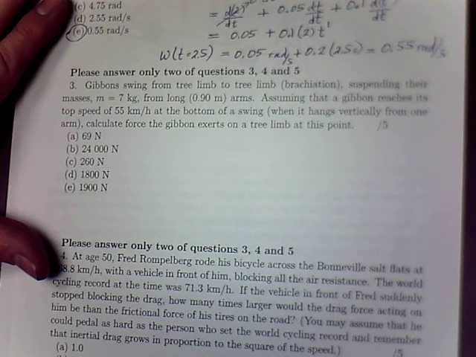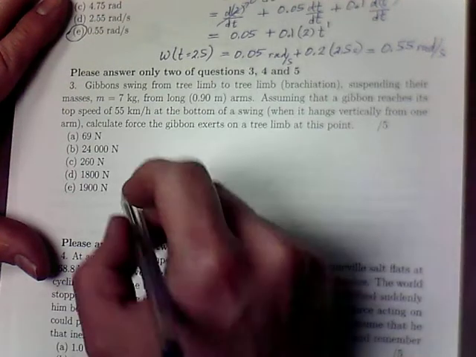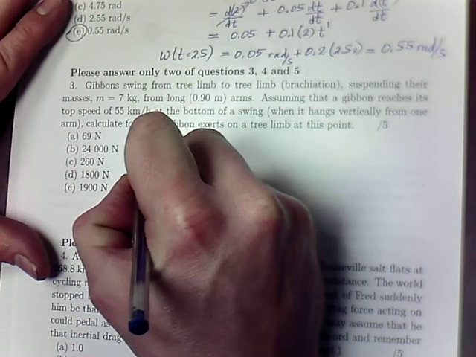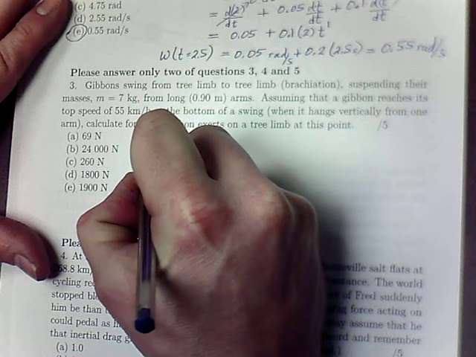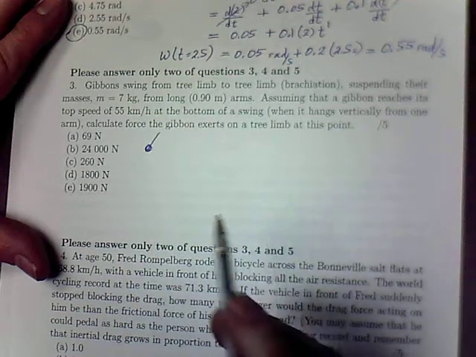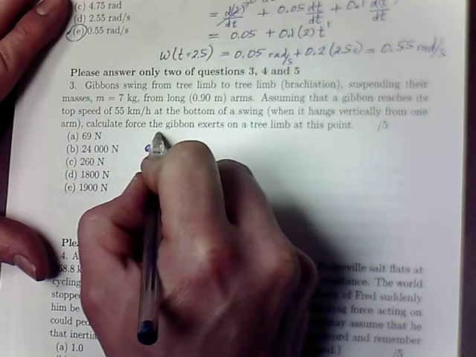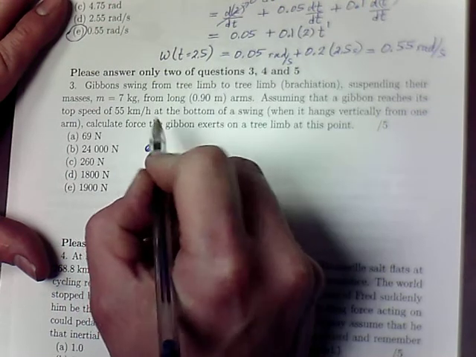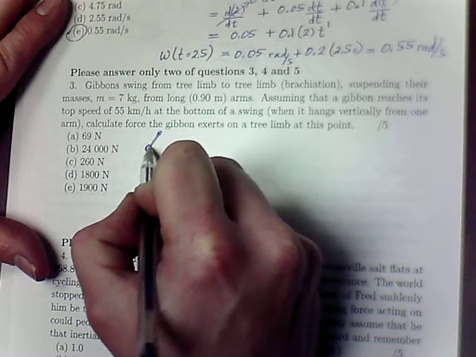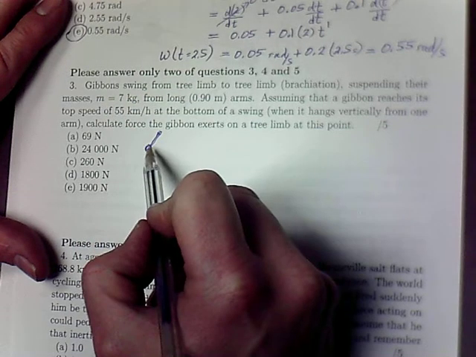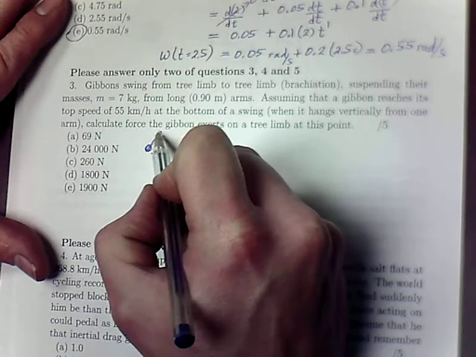And so if we think about an object that's swinging from an arm, it would start out with perhaps its arm reaching the tree in one direction, and it would swing forward.